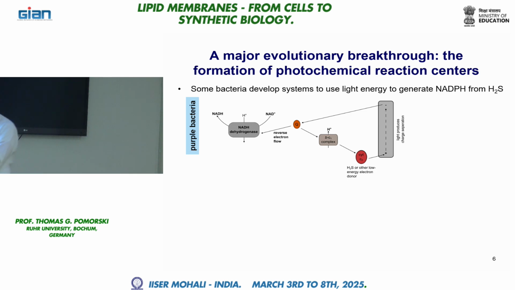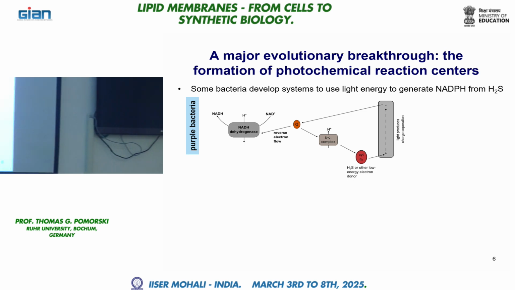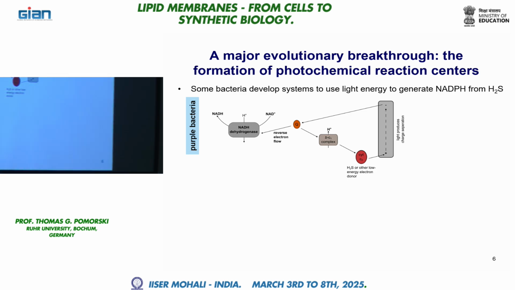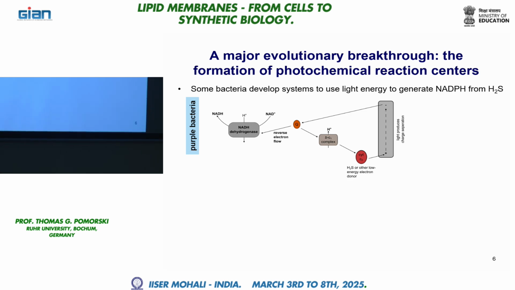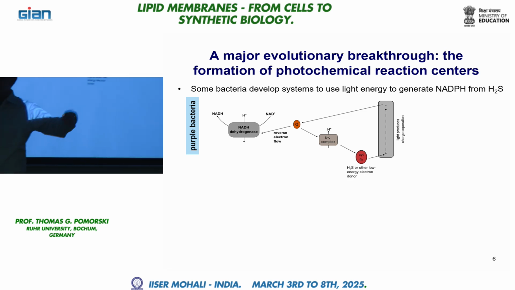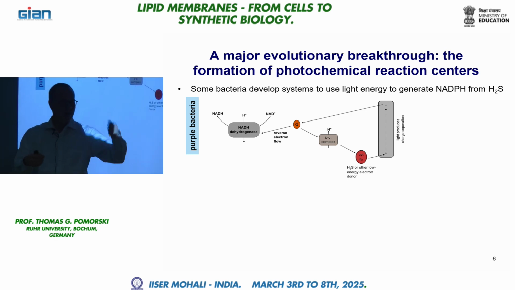So light is used to energize electrons taken from inorganic material, not from organic material, to energize a proton pump, and this proton pump is essential to make ATP via these F-type ATPases and to take up material.